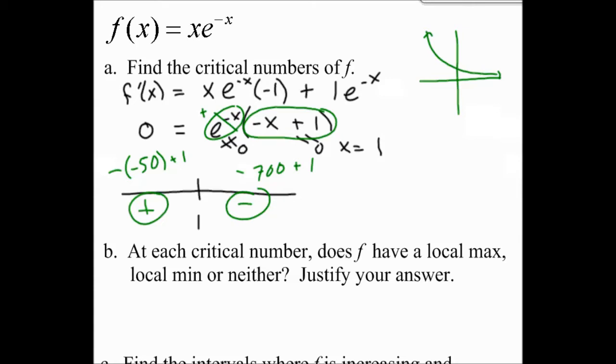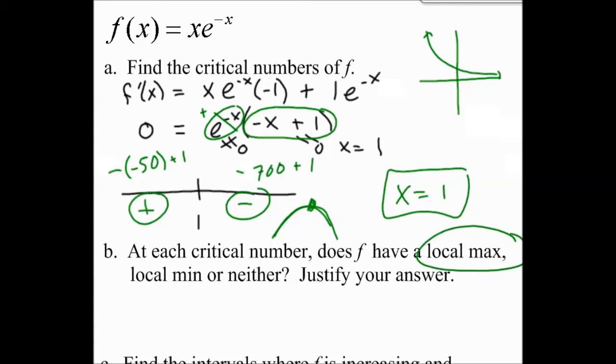So you can tell on this one that your critical number is x equals 1. And we can determine it's a local max because our function goes from increasing to decreasing, which means that at 1, it would have to be a max. So it's a local max.